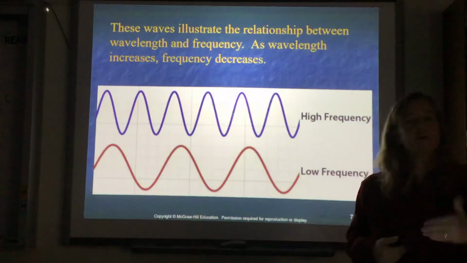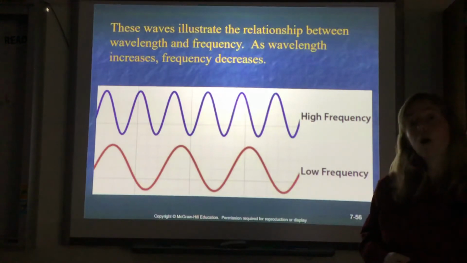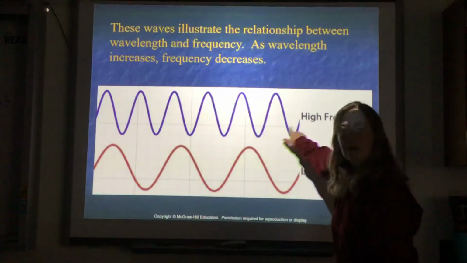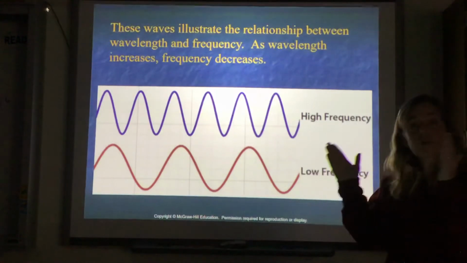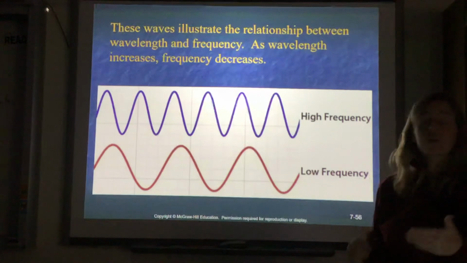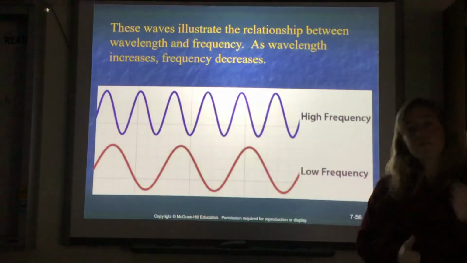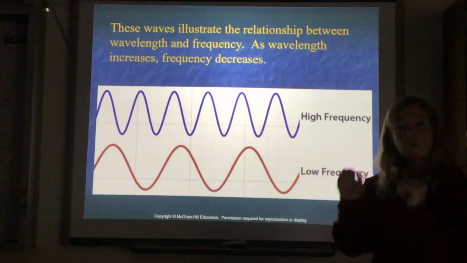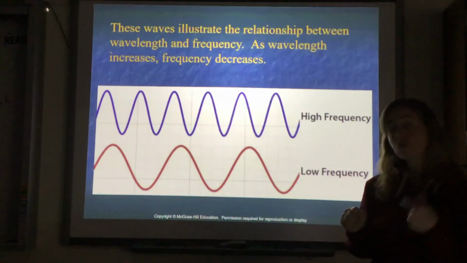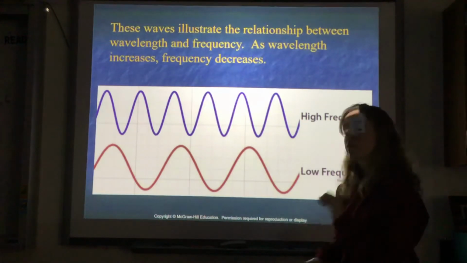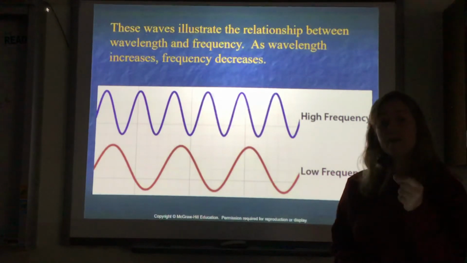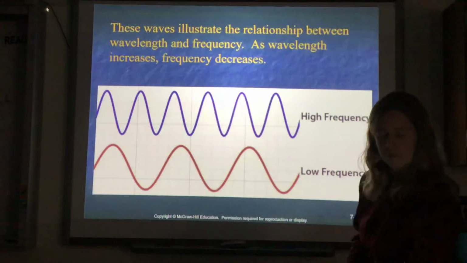Long wavelength, low frequency. Short wavelength, high frequency, because the waves are closer together. So you're going to have more waves pass a given point in 1 second if the waves are closer together. It'll be important to remember that later. So low frequency, long wavelength; high frequency, short wavelength.